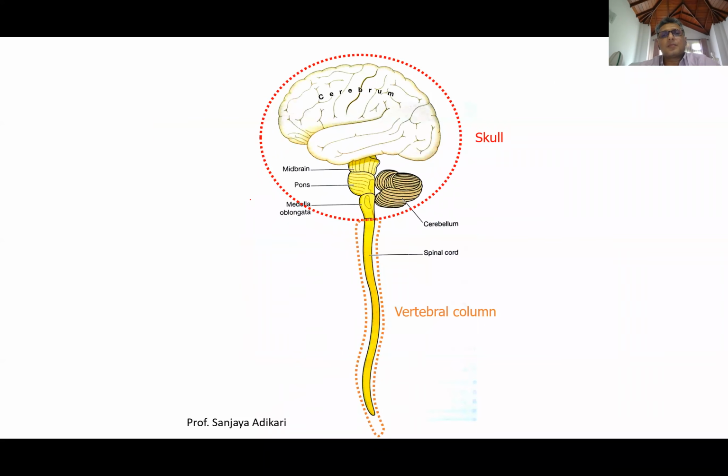If you use these red dotted lines to show the skull and the vertebral column, this is how you see it. The brain is protected in the cranial cavity inside the skull, and the spinal cord is protected inside the vertebral canal, inside the vertebral column.